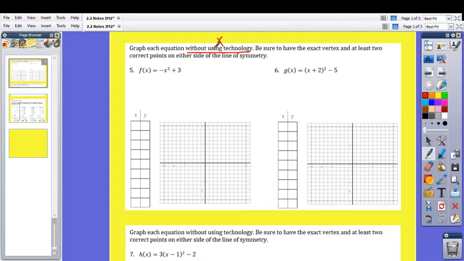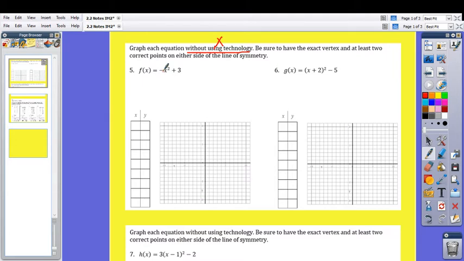So let's do that. Now this plus 3 is telling me that my original x squared graph, the y equals x squared, is moving up 3, okay? And then this negative is telling me that it's upside down, okay?